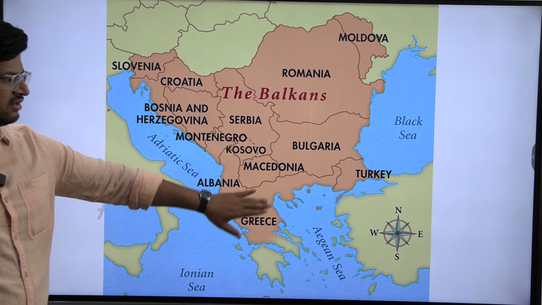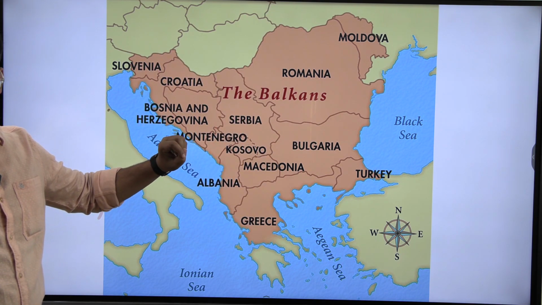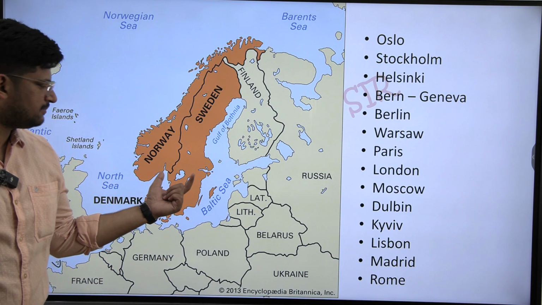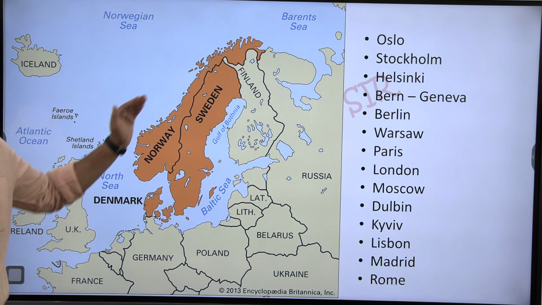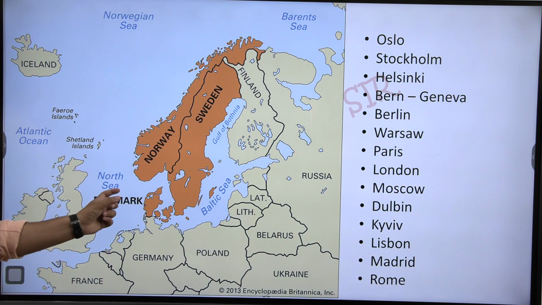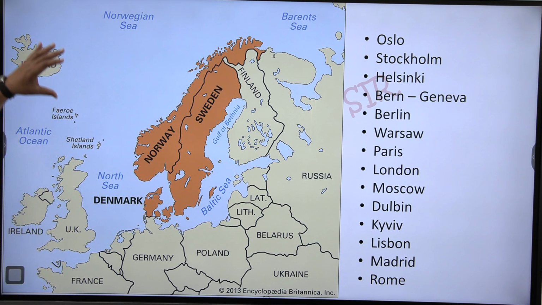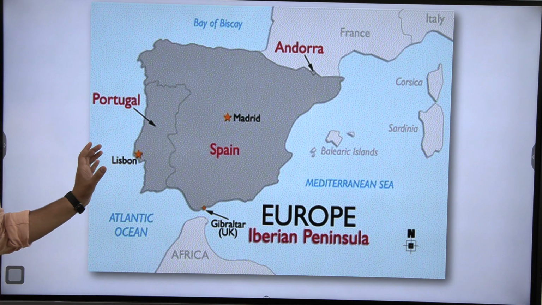See, Greece, Turkey, Bulgaria, these are all part of Balkan Peninsula. Next, Scandinavian Peninsula, Norway, Sweden, these are part of Scandinavia, some Finland. Okay, here we have Iceland, which is a separate island. Iberian Peninsula, where Spain and Portugal are part of it.